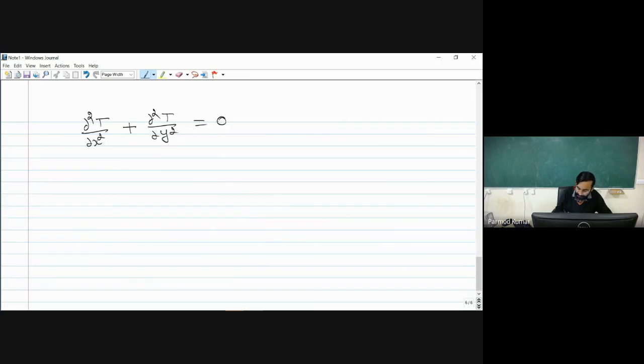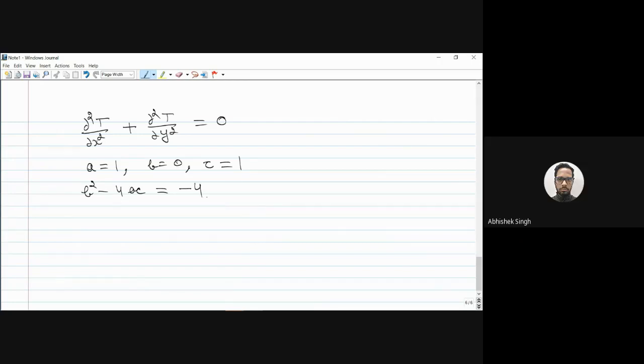Now if you find out the nature of this equation, we are having A equal to 1, B equal to 0, and C equal to 1. So if you calculate B square minus 4AC, how much is it? It is -4.